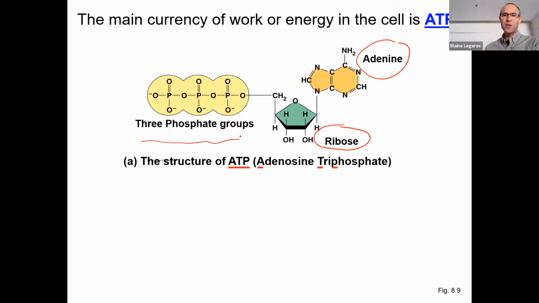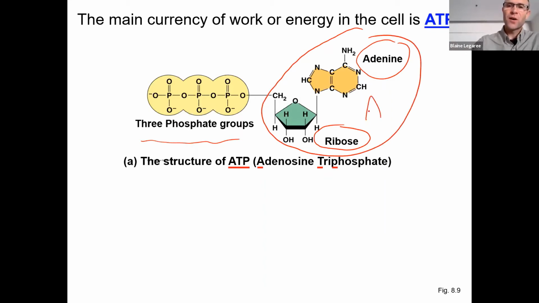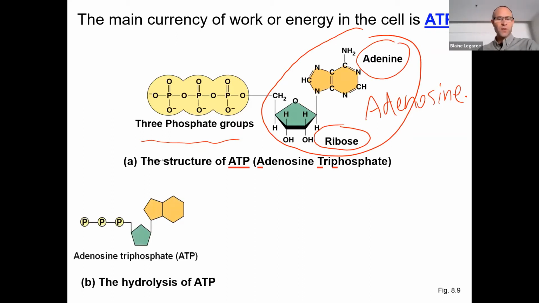ATP stands for adenosine. This whole group here, by the way, those two things together are adenosine. And then triphosphate, so tri for 3 and phosphate for phosphate. So there's a little sketch of ATP.